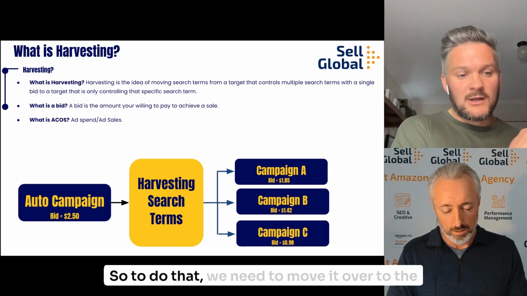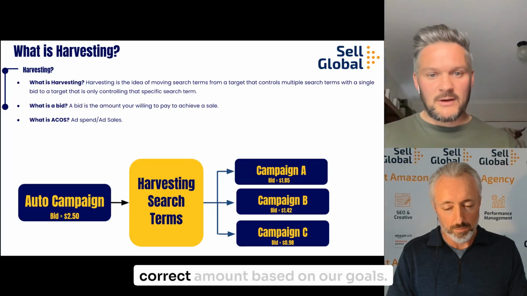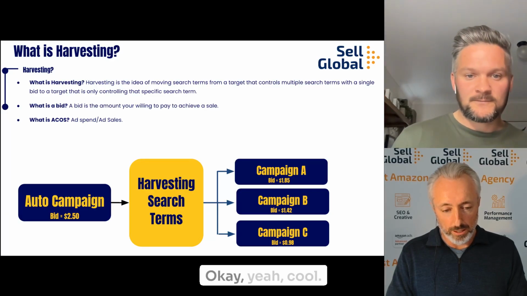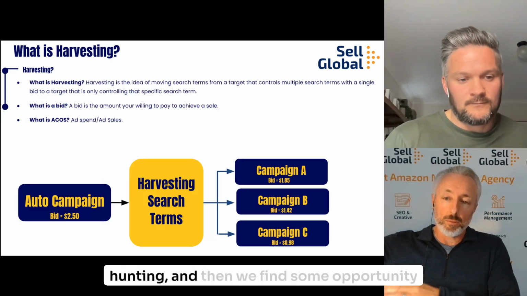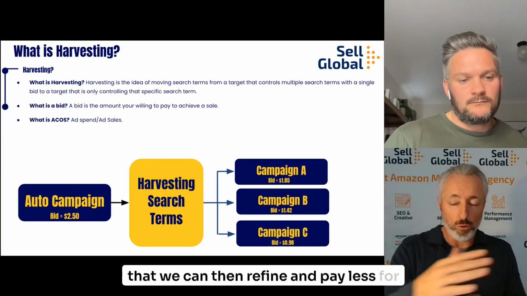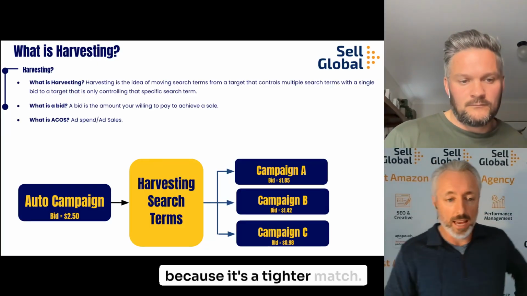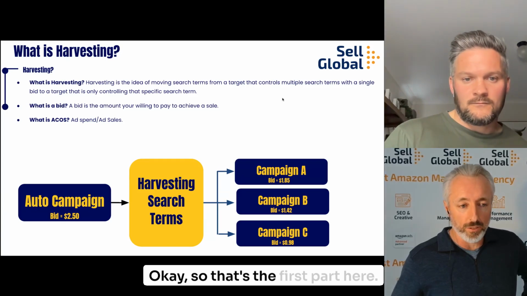To do that, we need to move it over to the campaign to pay that $1.50, which is the correct amount based on our goals. Okay. Yeah, cool. So we start high level, we go hunting, and then we find some opportunity that we can then refine and pay less for because it's a tighter match. Okay, so that's the first part here.